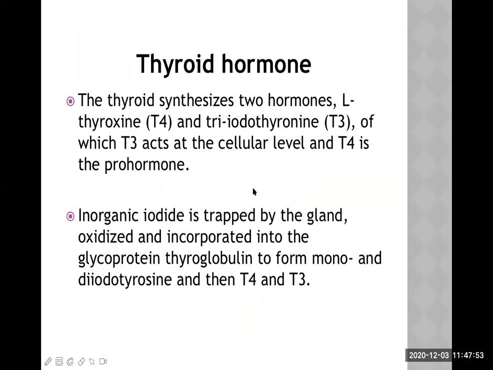Now, in the beginning, let's talk about thyroid hormone and what are the important functions of this. The thyroid gland synthesizes two hormones, that is L-thyroxine, also known as tetraiodothyronine or T4, and triiodothyronine, which is T3, of which T3 acts at the cellular level and T4 is the prohormone.